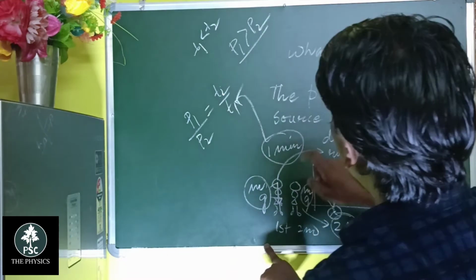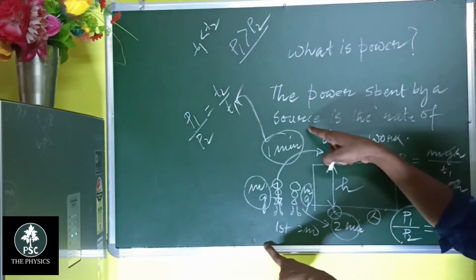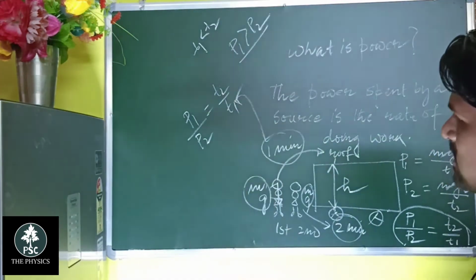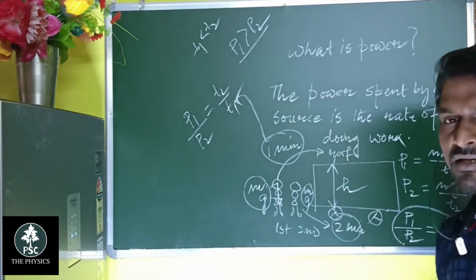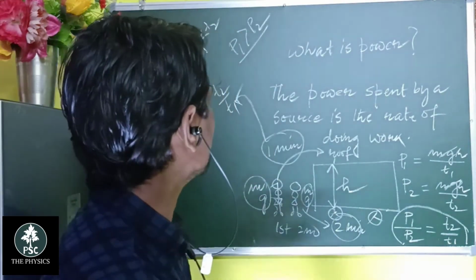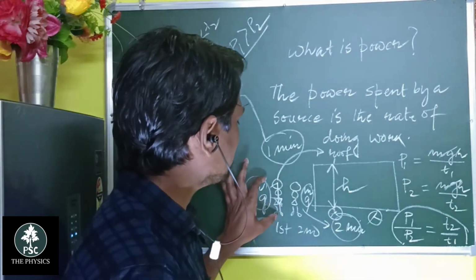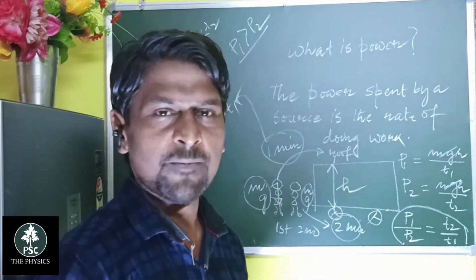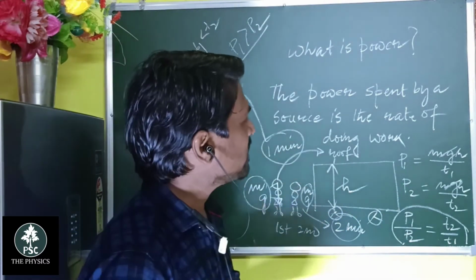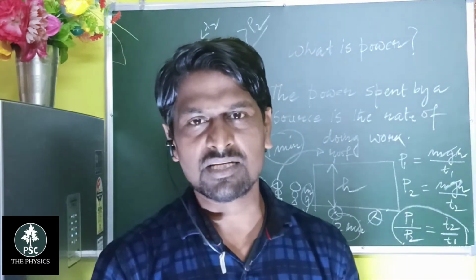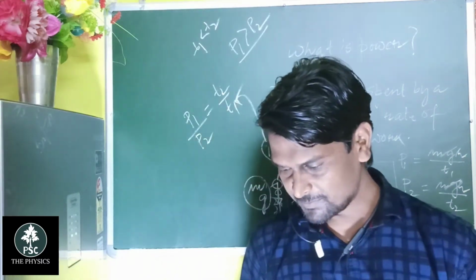So what is power? The power spent by a source is the energy it consumes with respect to time. This coolie consumes energy with respect to time, so the power of coolie number 1 is greater. So this is power: the power spent by a source is the rate of doing work.